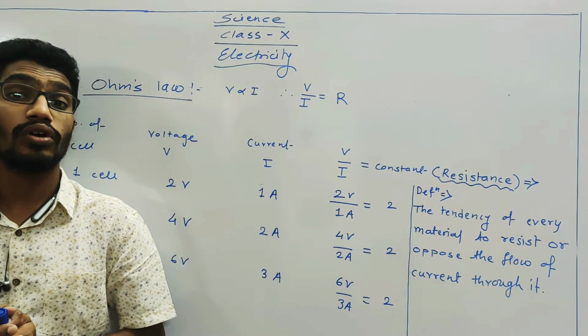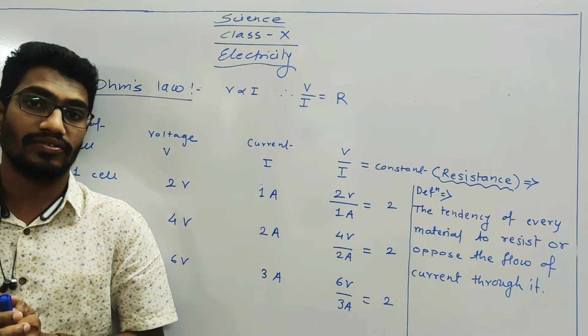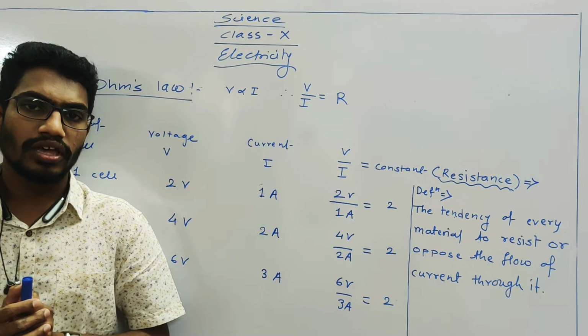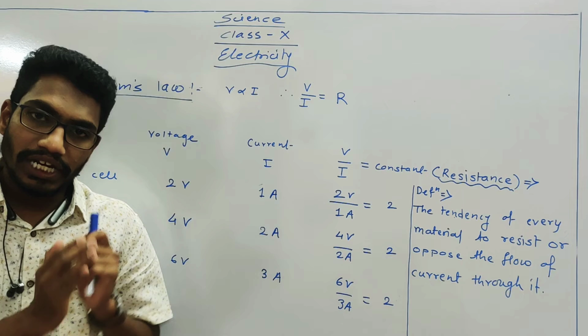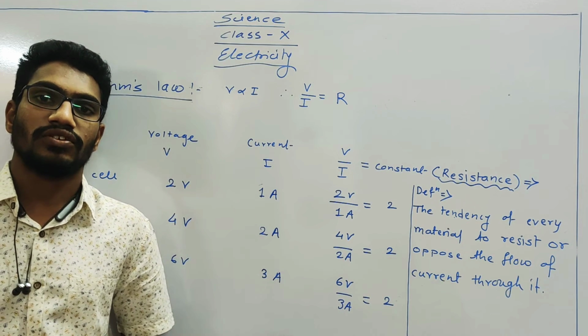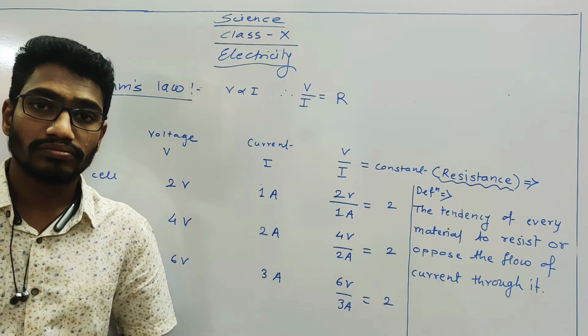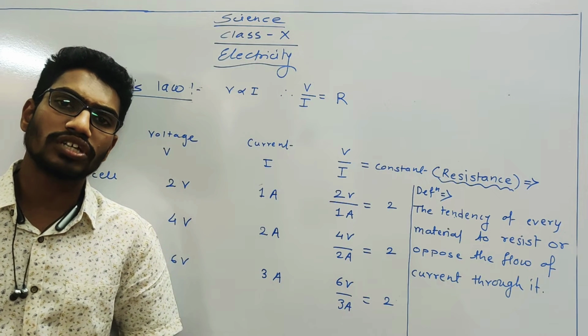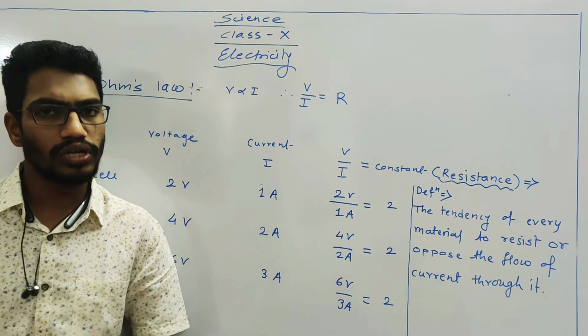It does not allow current to flow easily. Now think about it. If any material opposes with greater energy, that is a bad conductor. And if any conductor allows current to go easily, that is a good conductor.